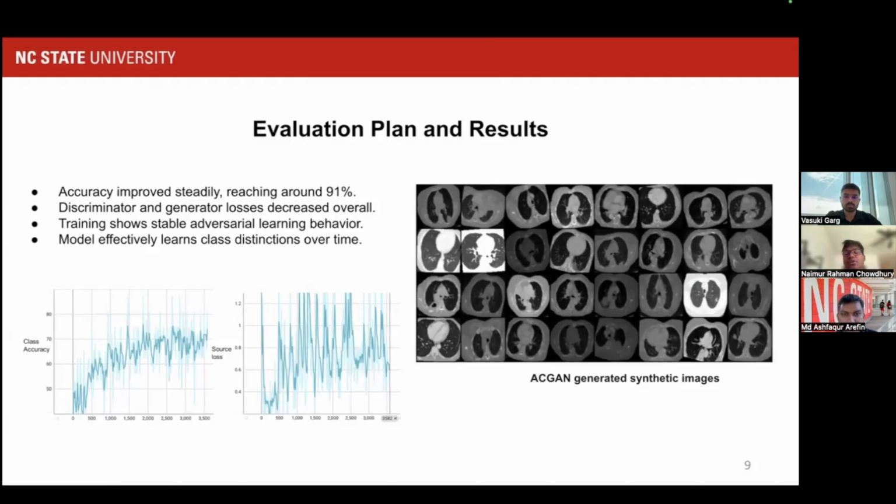If the source loss is too high, that means the discriminator is not performing well in discriminating real and fake. If it's too low, that means the generated images are not that good. So we want something in between. We can see that the model's performance is converging somewhere between 0.4 and 0.6, which is good for our model.